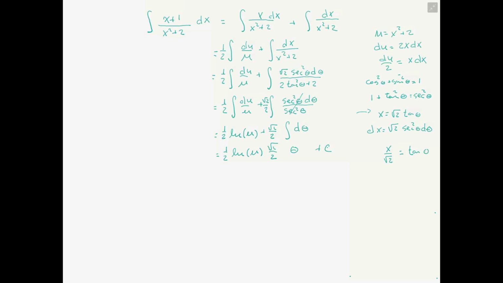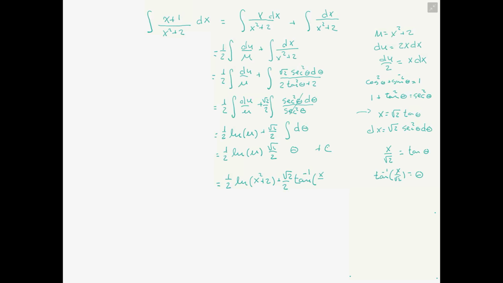And now we got to substitute back in for theta. So we had used x equals square root of 2 tan theta. So if we have x on the square root of 2 equals tangent theta, we can just do the arctan of x on the square root of 2 equals theta.